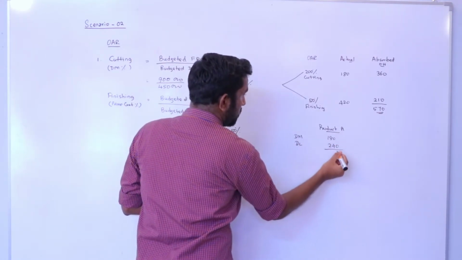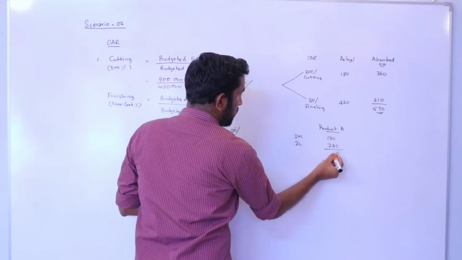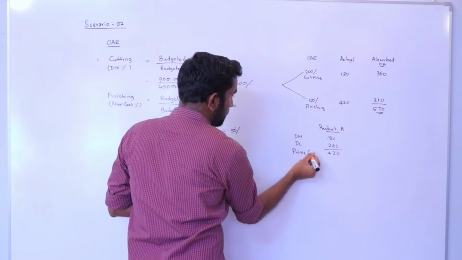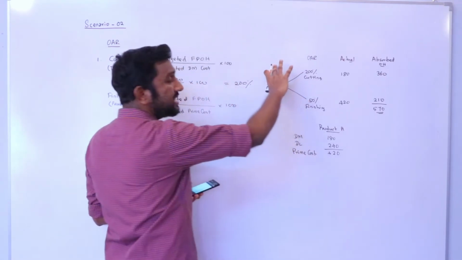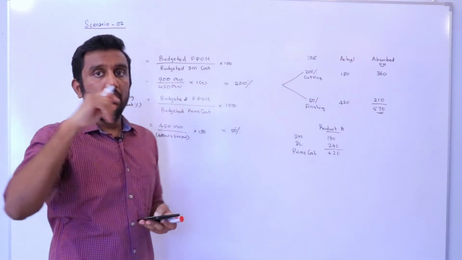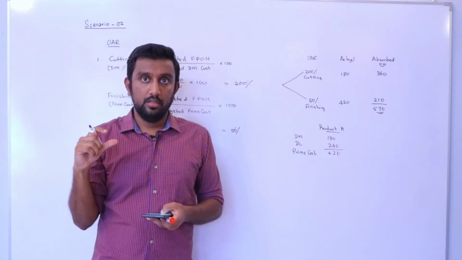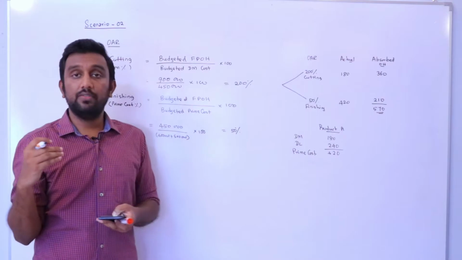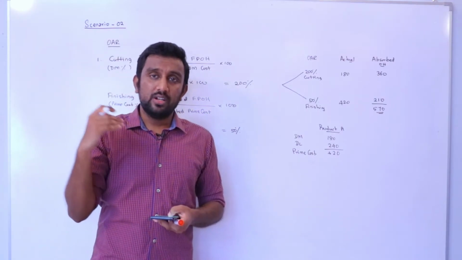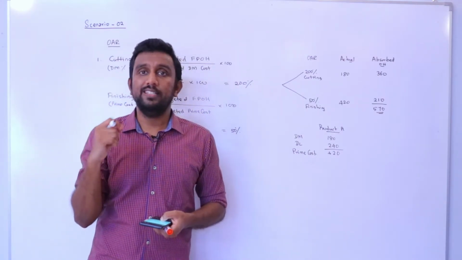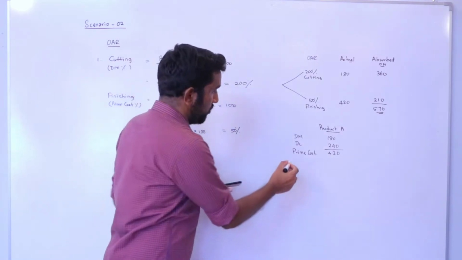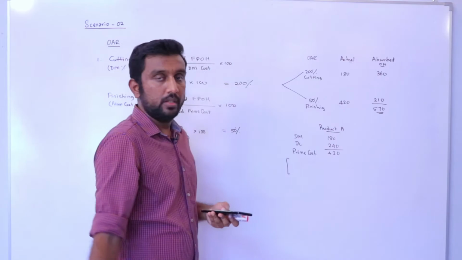So your prime cost is how much? 420. This is the working for the overheads part. Even though they said 200% and 50%, again we are trying to calculate the overheads. It is just a percentage.